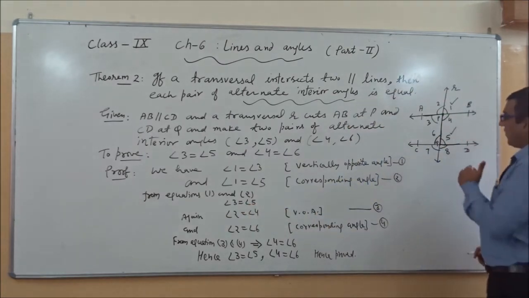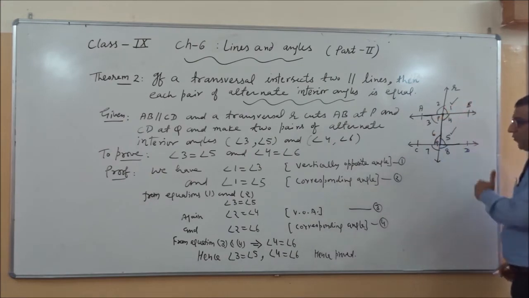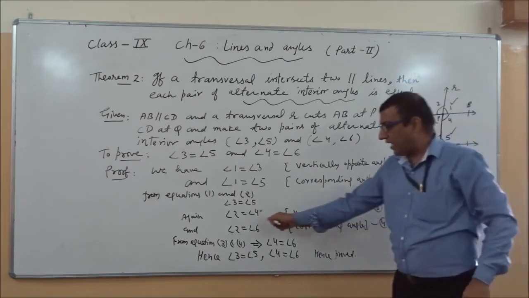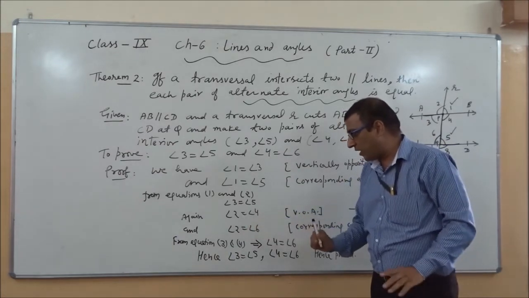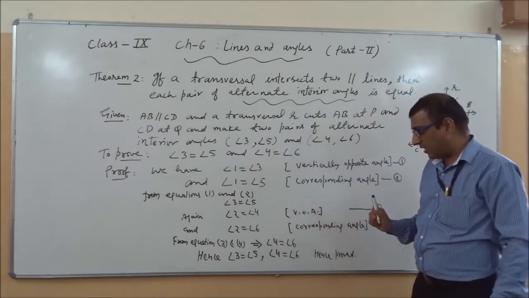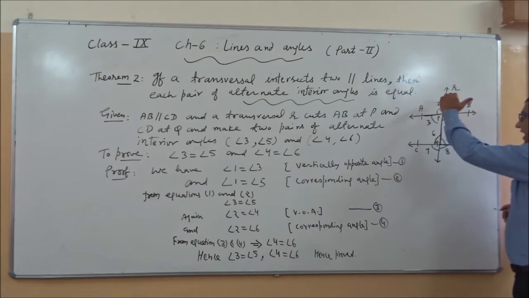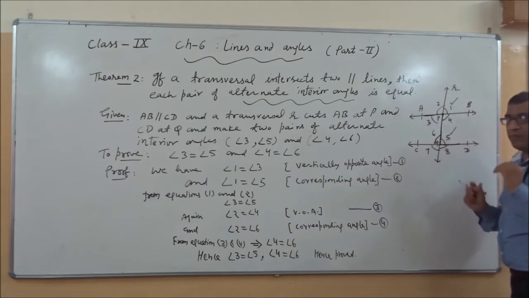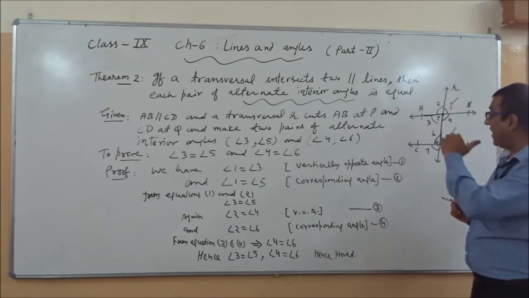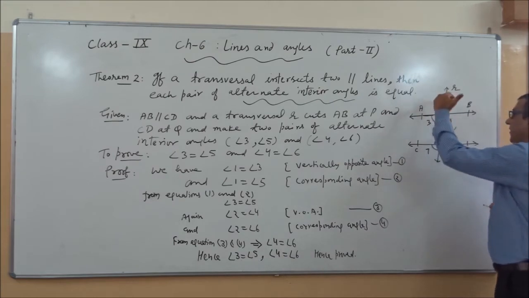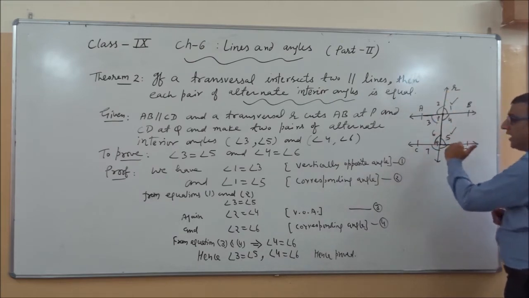With the same concept, if we are talking about angles 1 and 3, we will also talk about angles 2 and 4. Both are vertically opposite angles, so we can say angle 2 and angle 4 are equal due to vertically opposite angles. And angle 2 and angle 6 are corresponding angles because angle 2 lies above the line AB and angle 6 also lies above the line CD.